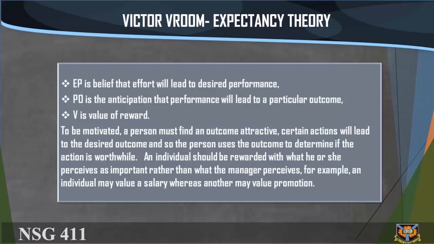Certain actions will lead to the desired outcome, and so the person uses the outcome to determine if the action is worthwhile. An individual should be rewarded with what he or she perceives as important rather than what the manager perceives. For example, an individual may value a salary, whereas another may value promotion.